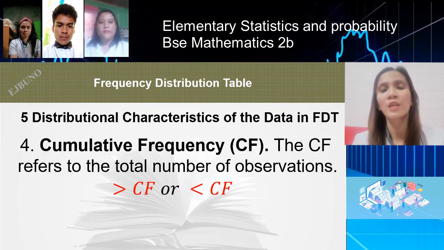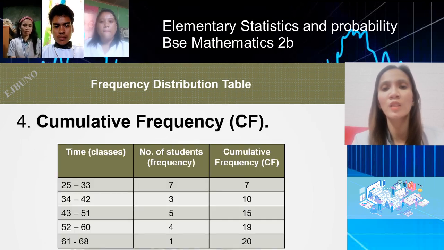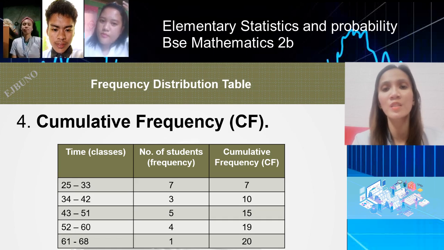The fourth is the cumulative frequency or CF. The CF refers to the total number of observations greater than or equal to the lower limit of the class, or the total number of observations less than or equal to the upper limit of the class. The table shows how to get the cumulative frequency, wherein for the first row, just copy the frequency and put it in the cumulative frequency.